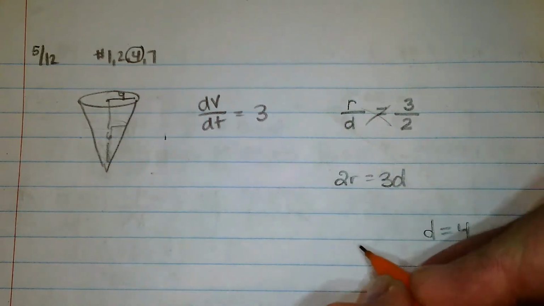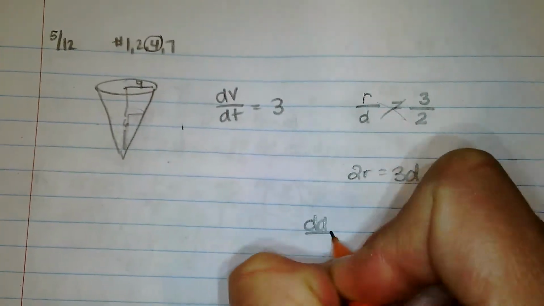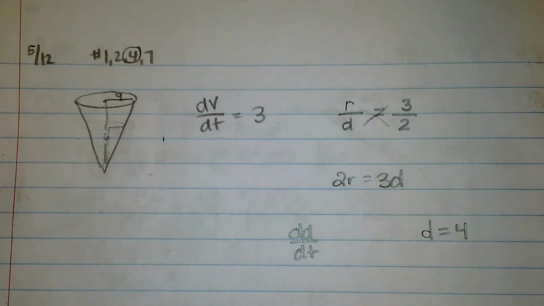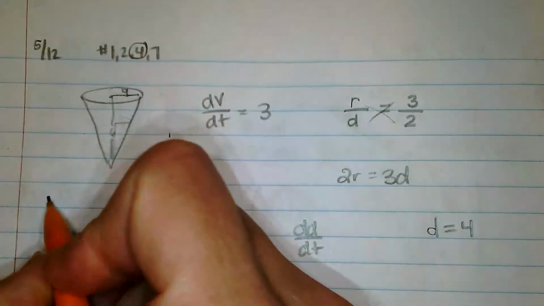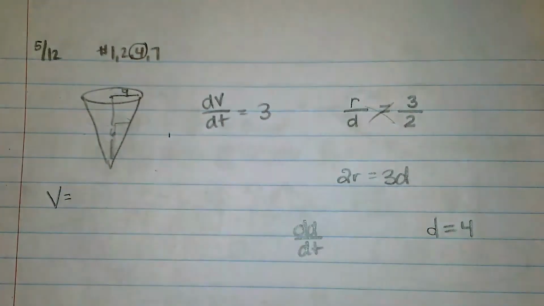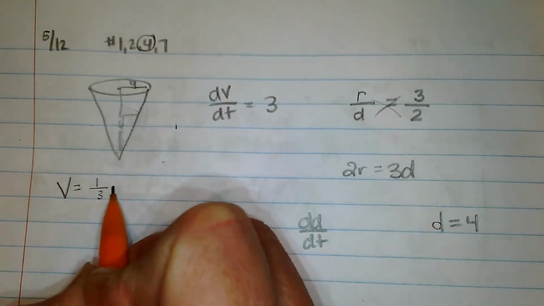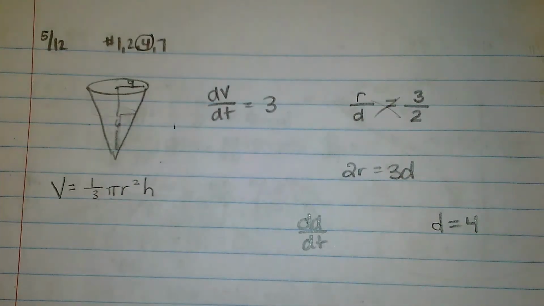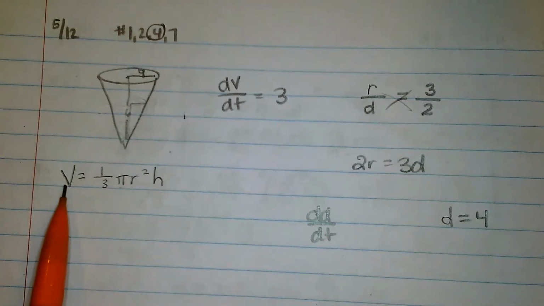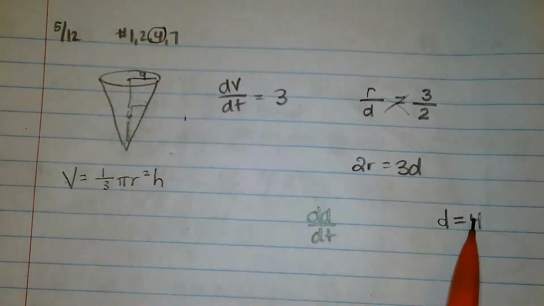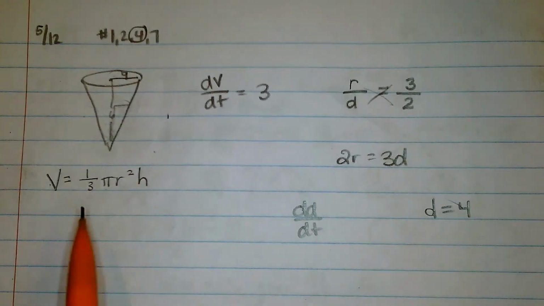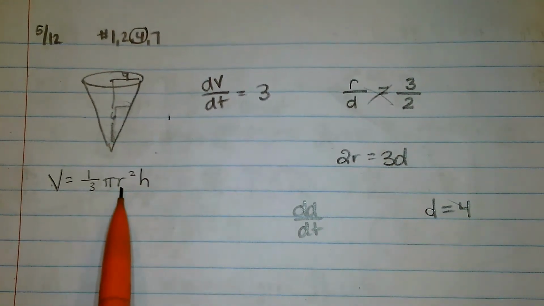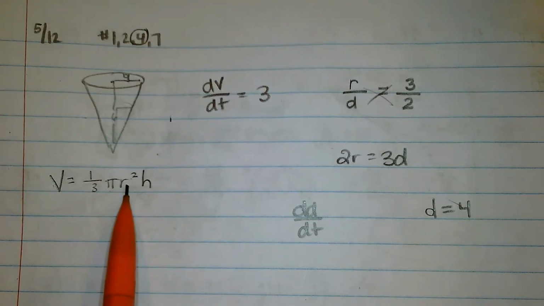So dd/dt is what we're looking for. Since we have the rate of change of the volume, we're going to focus in on the volume of a cone formula, which is 1/3 pi r squared h. Now we can figure out the volume at that depth instant. 1/3 pi r squared, we can find out the r at that instant.